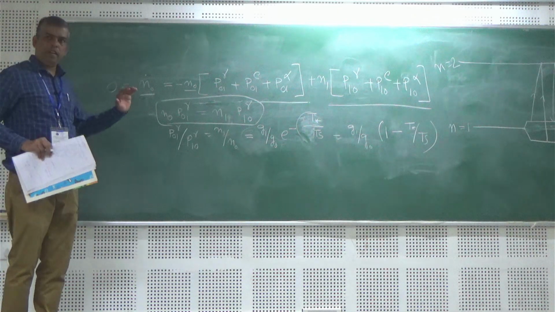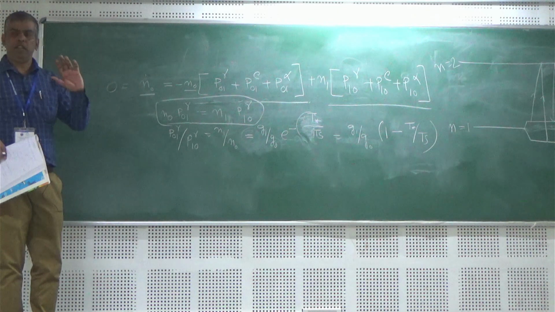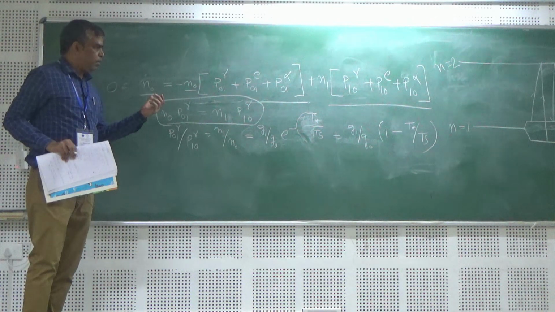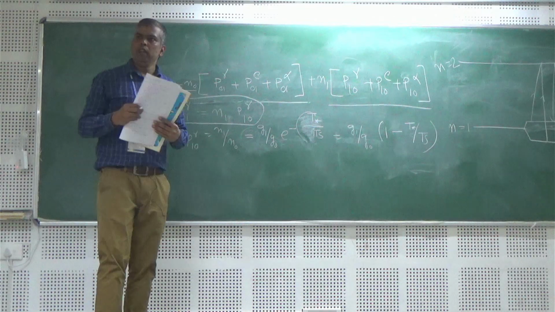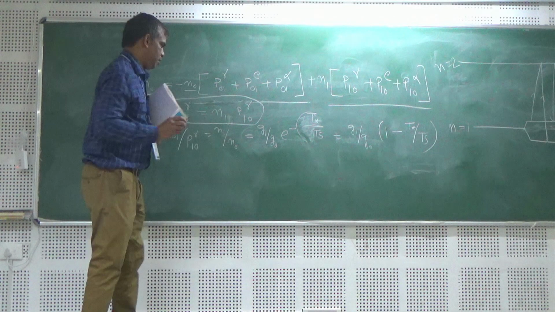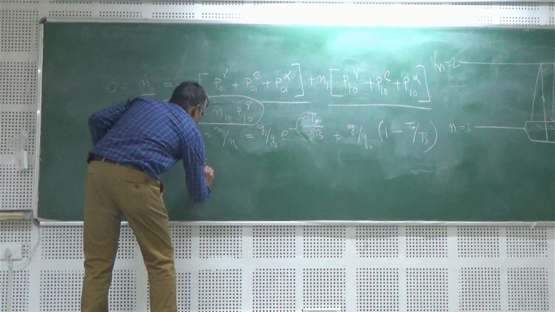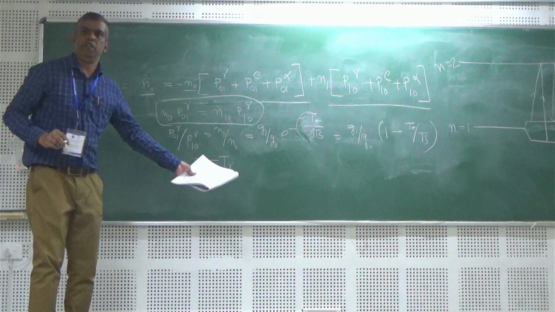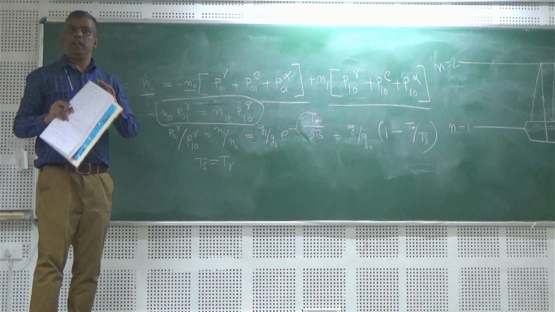Now that radiation temperature, T CMB or T gamma, is in equilibrium, so the spin temperature will be equal to the T gamma, that is T CMB, because they are in equilibrium.